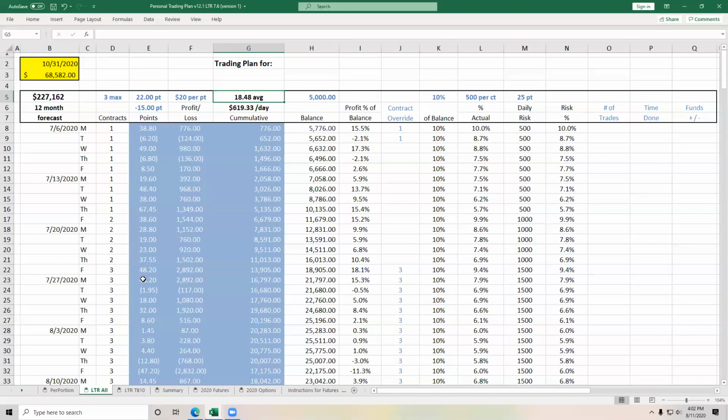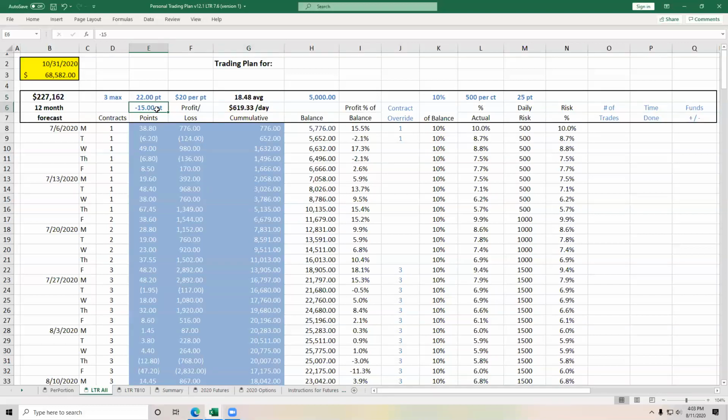And even with those losing days factored in, we have an average of 18.5 points a day. We're averaging just over $619 a day. That's very, very strong. And like I did in the other tracking worksheet, I broke it down between winning days and losing days. Our winning days are averaging 22 points a day, averaging 4 days a week of winning at 22 points.